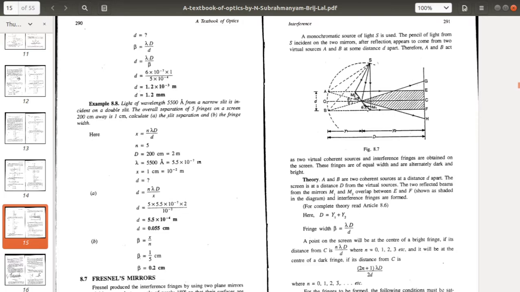This is the line of contact of these mirrors M1 and M2, and we have shown here the angle of inclination theta.